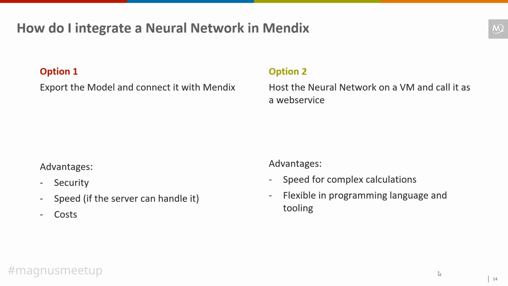Speed, of course, if your server can handle it, otherwise the virtual machine would be better. And because you don't have to host it, cost could be a factor. However, if you are going to do image processing or very heavy calculations, then a virtual machine would be the best place, because it has a lot more processing power than your laptop probably. And you're also more flexible in the programming language, like Python or something like that, on the other side.